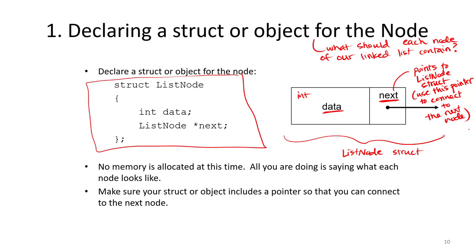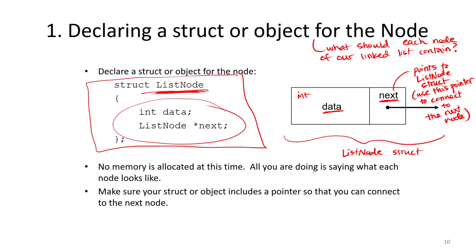One important thing to note about this step is we are not actually creating any nodes just yet. All we are doing is making a declaration for the listNode struct. So we're basically just telling our compiler, if I declare a listNode type struct, this is what each listNode contains. So all you're doing is saying what each node of your linked list will look like.